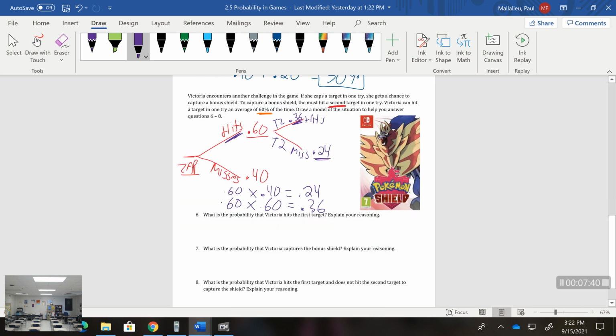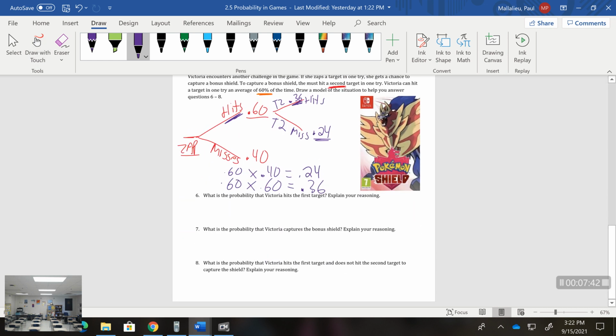All right, so now let's see what we got here. What's the probability that Victoria hits the first target? The probability for the first target we saw right away is 60% of the time. I should have written T1 and T2, but target 1 is 60% of the time. What's the probability that Victoria captures the bonus shield? Capturing the bonus shield means that you hit both targets.